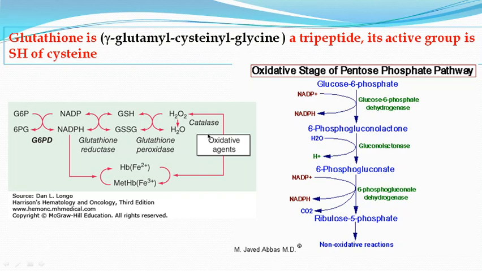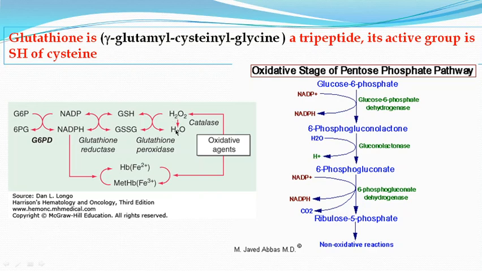So how does glutathione function in the elimination of free radicals from the red blood cells, protecting them from hemolysis? Let us look at the enzyme glutathione peroxidase. The enzyme glutathione peroxidase converts hydrogen peroxide, H2O2, into water. Water is not an oxidant.